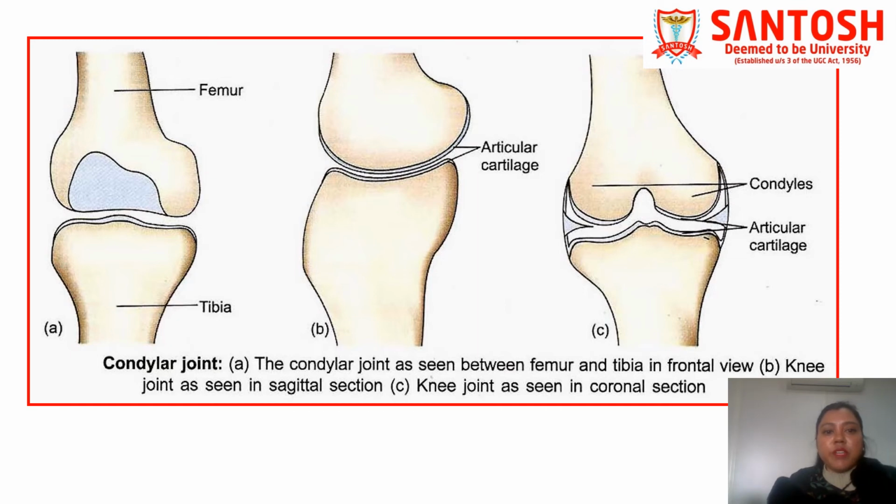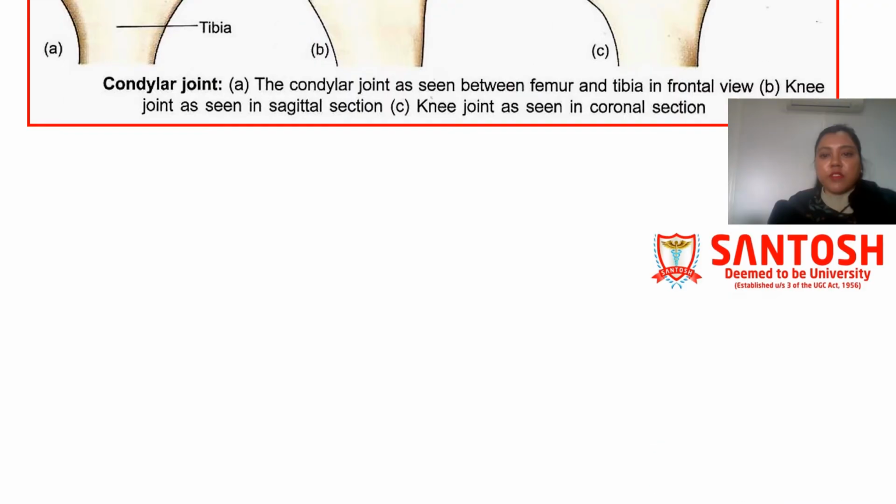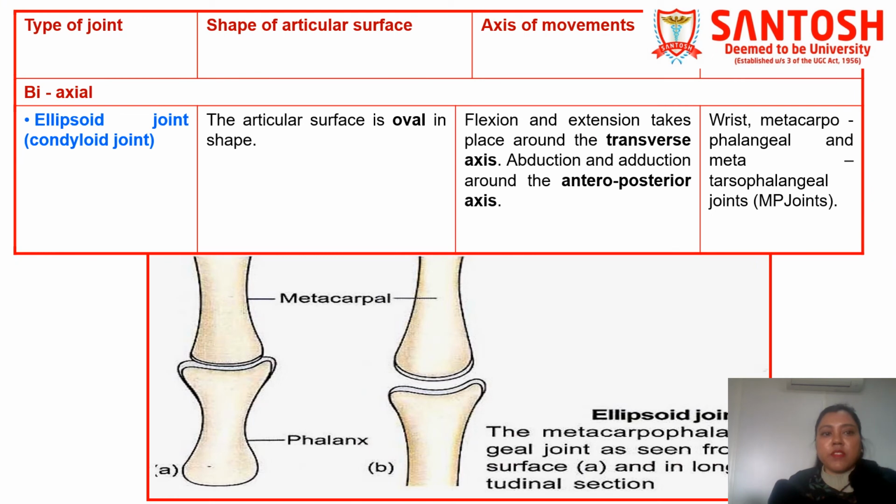So this is the femur, this is the tibia, this is the condylar variety of synovial joint. The knee joint is seen in the sagittal section, then in the coronal section. These are the two condyles, this is the articular cartilage and this is the joint cavity. Now the biaxial type, ellipsoid variety. Ellipsoid joints are the wrist, metacarpophalangeal and metatarsophalangeal joints.